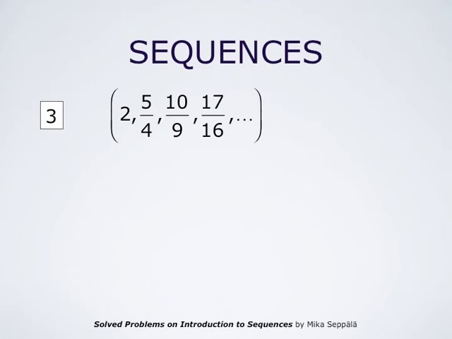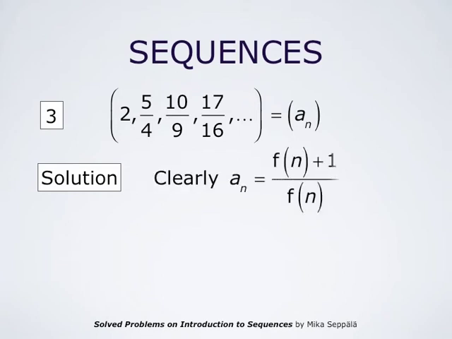In problem number 3, the sequence starts 2, 5/4, 10/9, 17/16, and then so forth. So what is a general term defining this sequence? So we have to figure out a nice expression for a_n that gives 2 when n is 1, 5/4 when n is 2, 10/9 when n is 3, and so forth. Now clearly this a_n is f(n) plus 1 divided by f(n) for some function f.